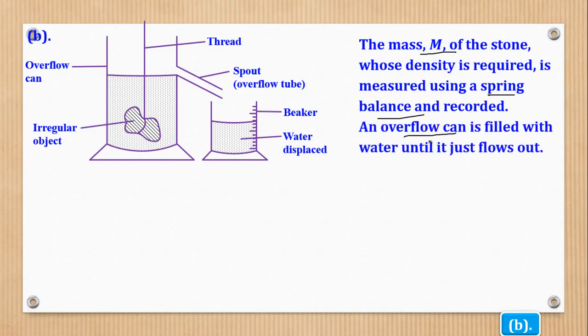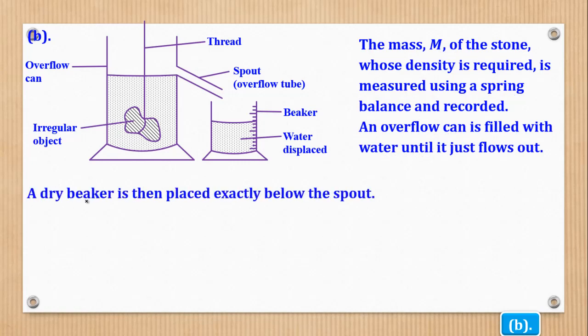An overflow can is then filled with water until it just flows out, that is the point. A dry beaker is then placed exactly below the spout here.